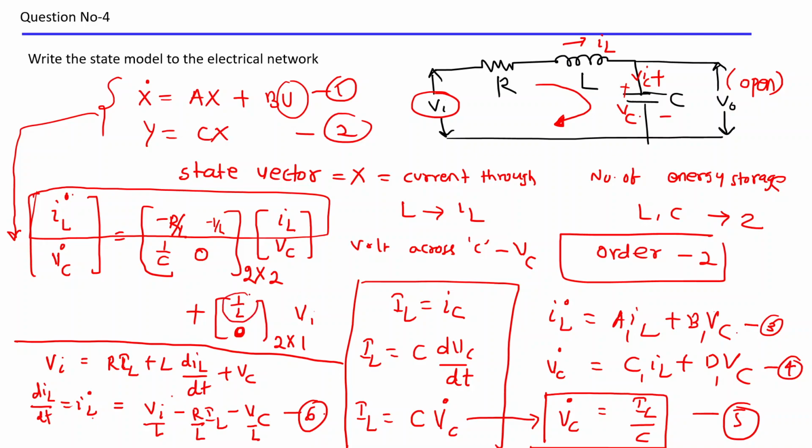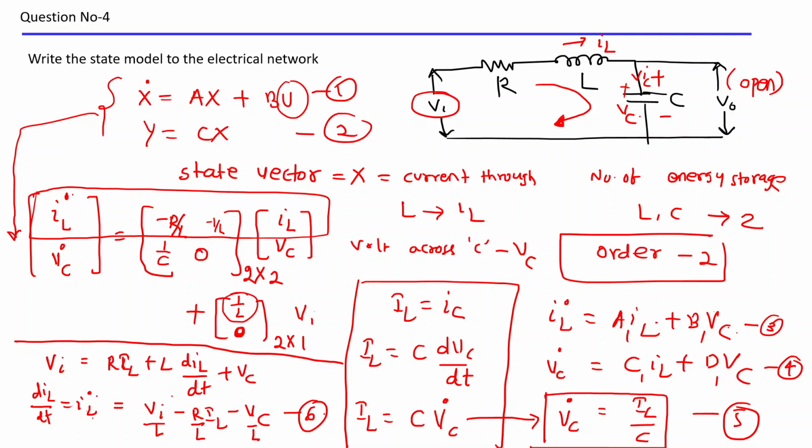So in the second part of the matrix, you have written 1 by L, 0. Right. Equation 3 is analogous to equation 6, because we have to represent a1 and b1 in terms of IL and Vc.